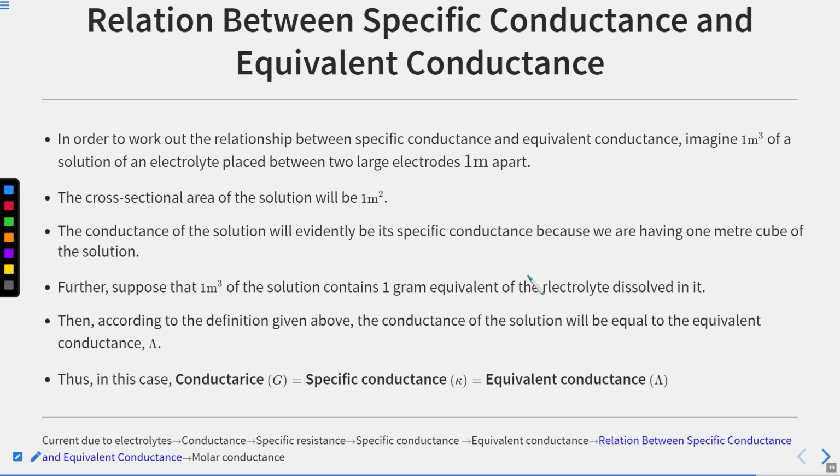In that case the conductance is equal to specific conductance, and that is equal to equivalent conductance, because all of these barriers are satisfied by 1 meter cube, 1 meter square, 1 meter and 1 gram equivalent. This should be understood by you. It is important to understand this. This single page will give you an idea of each of these quantities which I have covered till now.